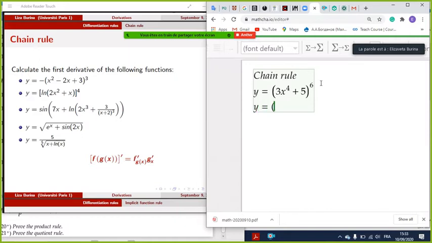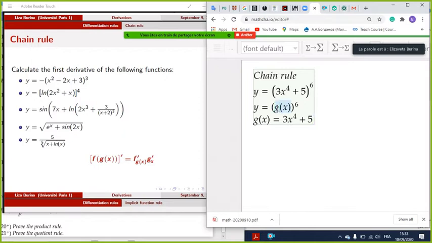Okay, so first of all, what do we have here? We have the function, let's call it g. Function g is just what I have inside. So it's an inner function. I'm going to use this terminology. I have no idea if it makes any sense, but now to you it does. Inner function is this one.